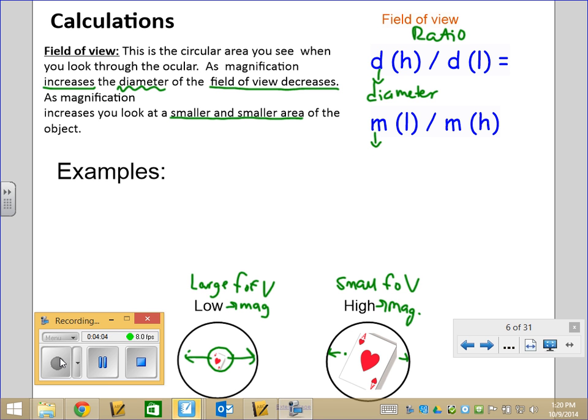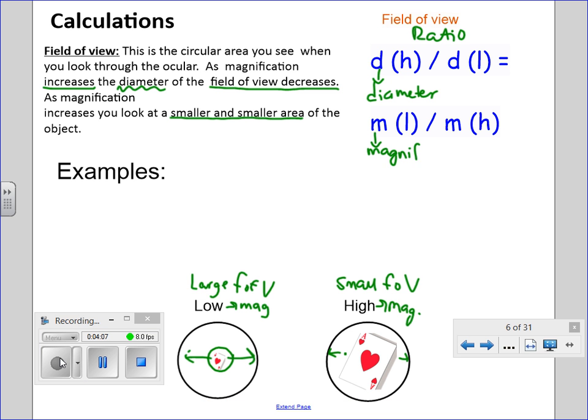The M stands for magnification. The L stands for low, the H stands for high. And what we mean by low or high is which power of the microscope are we using. So what we'll do is an example to show you how you could use this idea to calculate the field of view of a couple of different powers of the microscope.